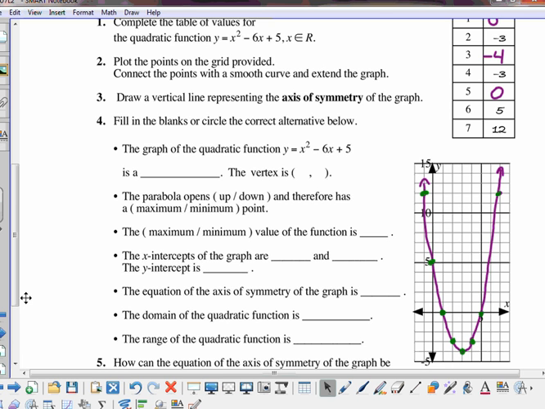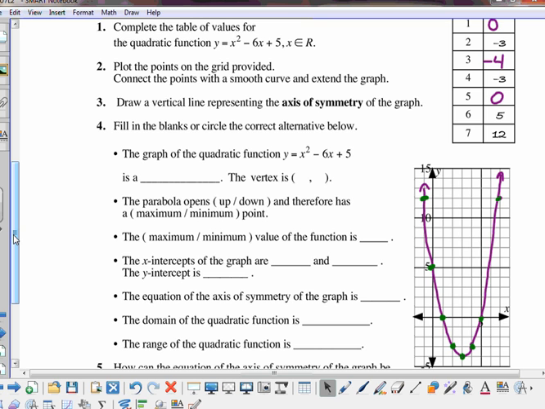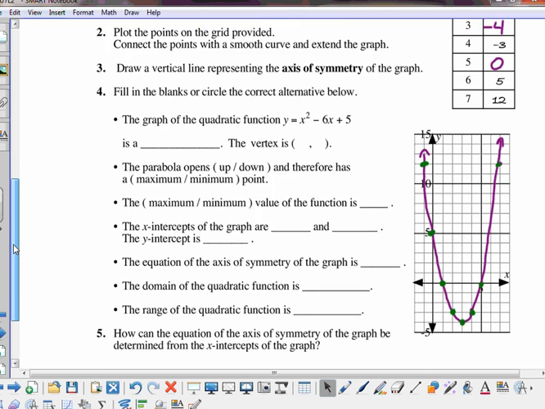Okay. So we need to answer some questions about this. Here it says draw a vertical line representing the axis of symmetry. So an axis of symmetry is where you can literally take the graph and fold it in half. It's like the mirror. Where would it be?